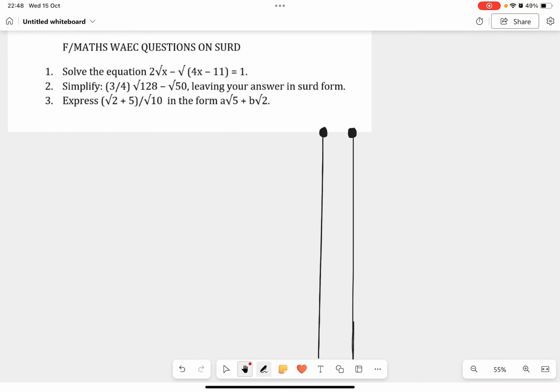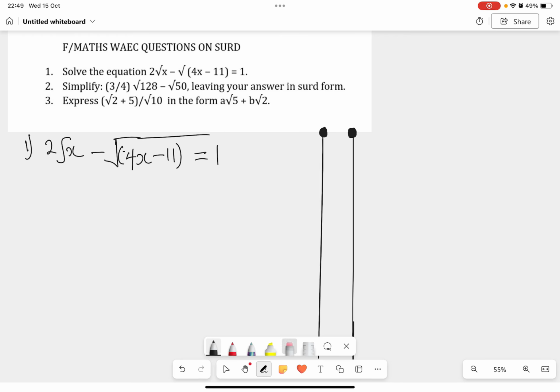So for number 1, they said solve the equation 2 root x minus root 4x minus 11 equals 1. So this is what we're going to be doing in number 1.